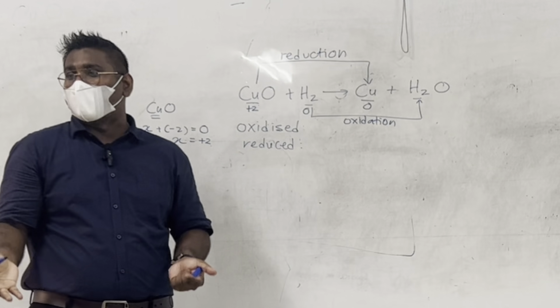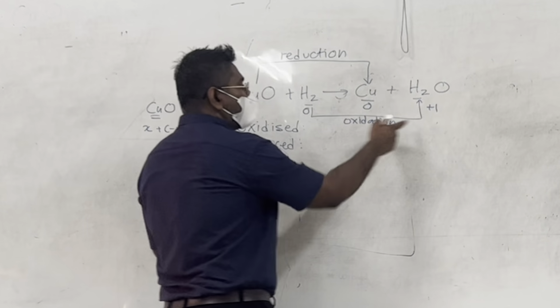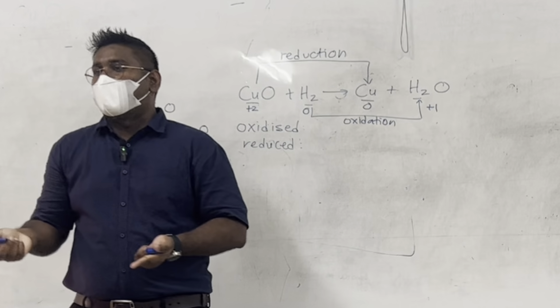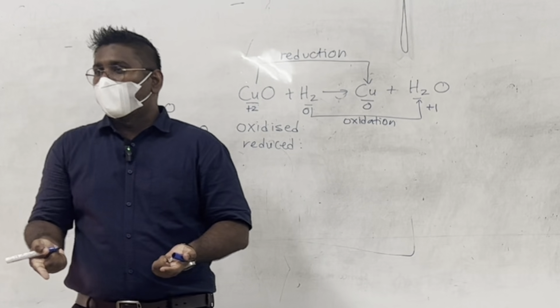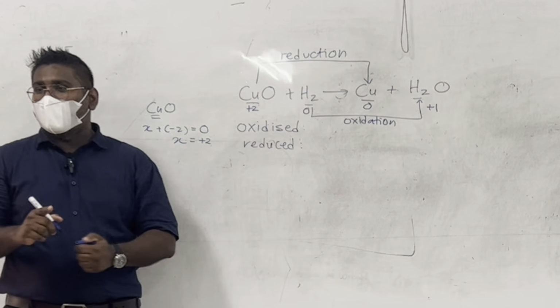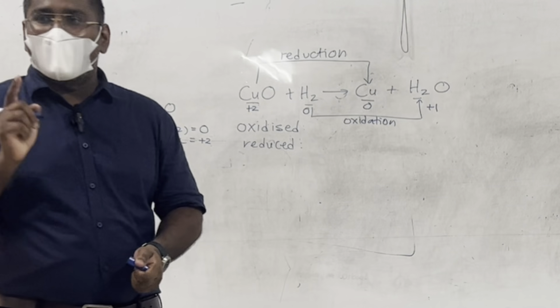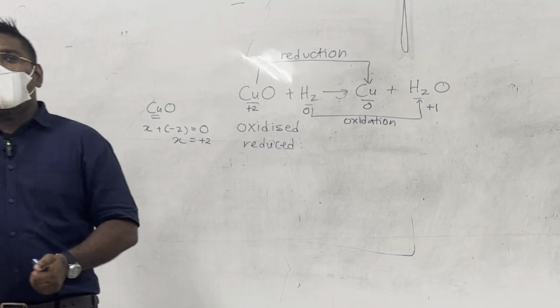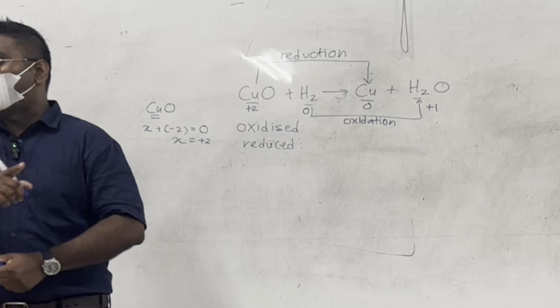It's always +1, no need to even calculate. From 0 to +1, the oxidation number is increasing, therefore it's oxidation. Even though students identify all this correctly, they still make a mistake: they identify the oxidized part wrongly.